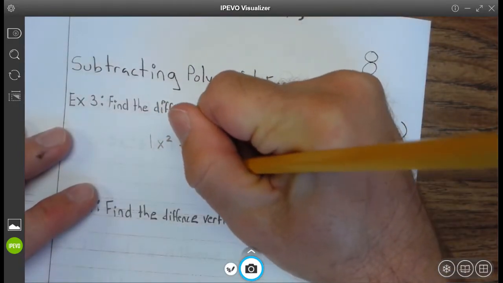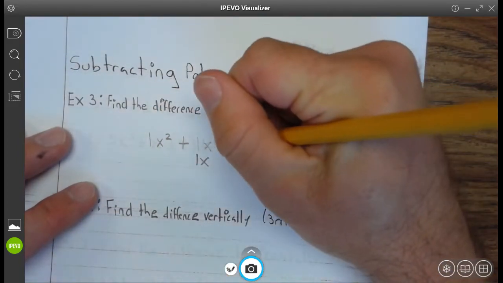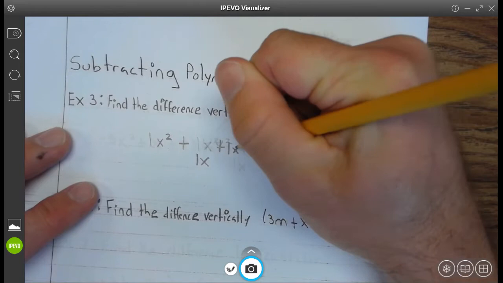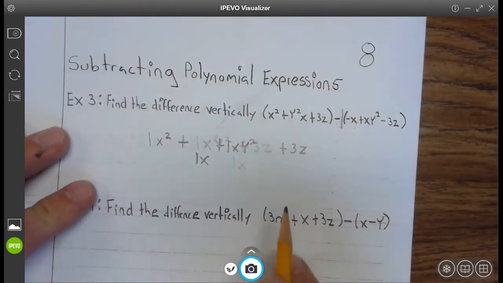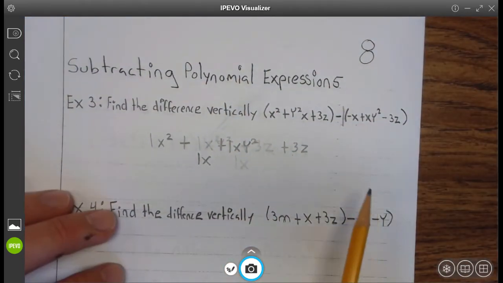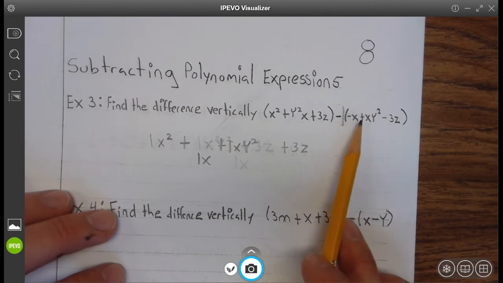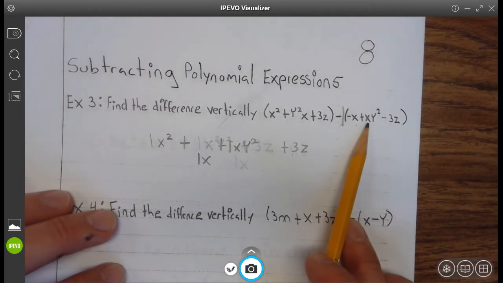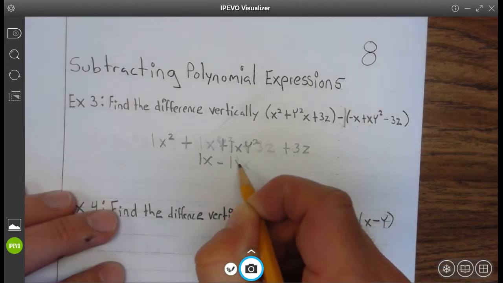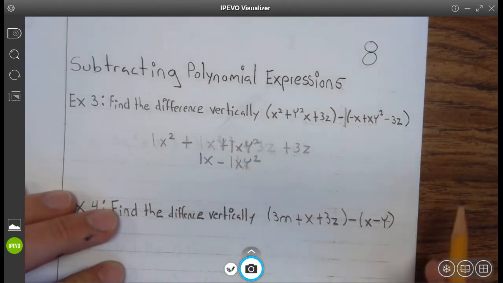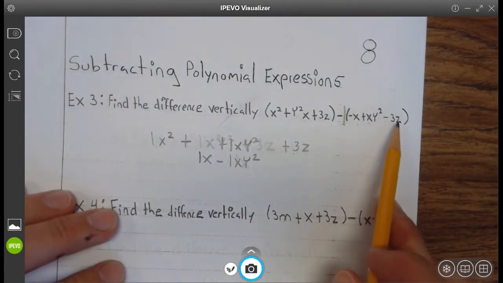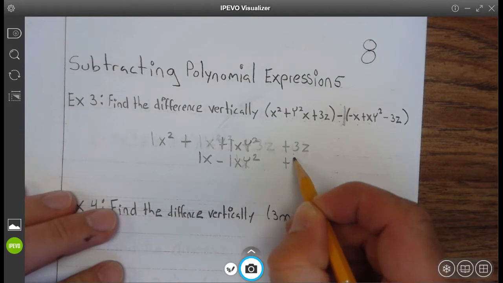So the 1x goes right here. Then plus 1xy squared plus 3z. Okay, now negative 1 times xy squared is negative 1xy squared. And then negative 1 times a negative 3z is a plus 3z.